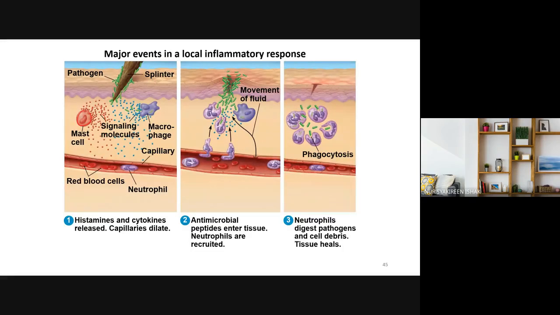So the function of histamine is one, to cause vasodilation. Vasodilation, nampak daripada kecil dia jadi besar. It brings more blood. And then second, it increases permeability of the blood capillaries so that neutrophil, for example, can come out of that capillaries into the tissue fluid or interstitial fluid of the infected area here.